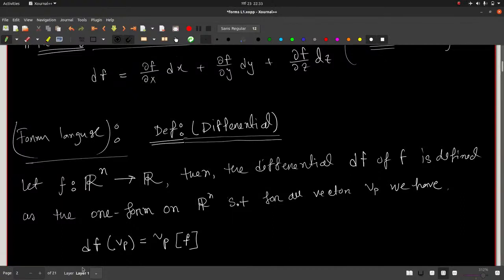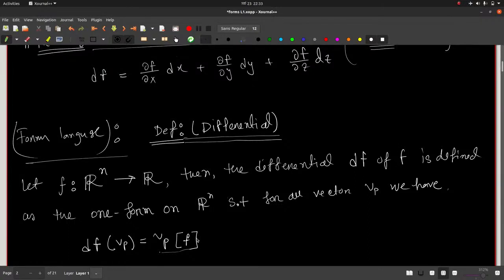This means that df acting upon the vector on a tangent space will give us the same output as this guy over here, which is a linear functional.